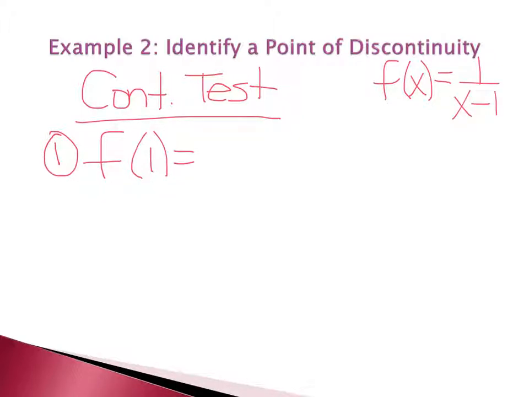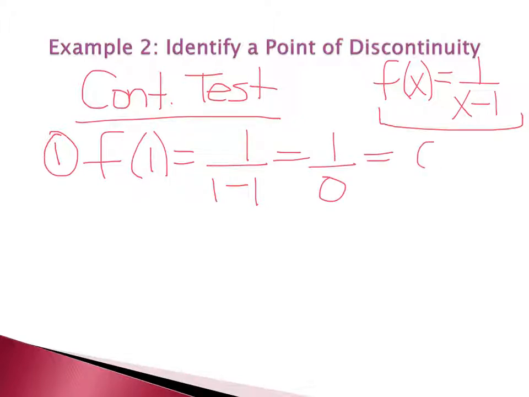And if I were to evaluate this function at x equals 1, I would get 1 over 1 minus 1, or 1 divided by 0, which is undefined. You cannot divide by 0, so there is no y-coordinate paired with an x-coordinate of positive 1.